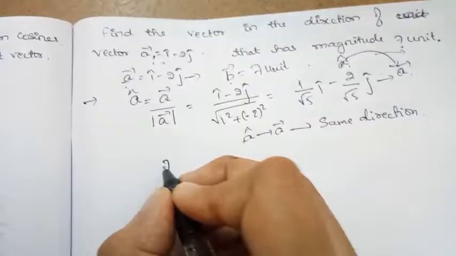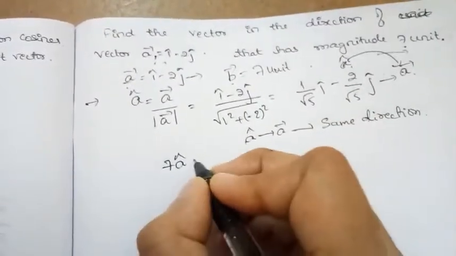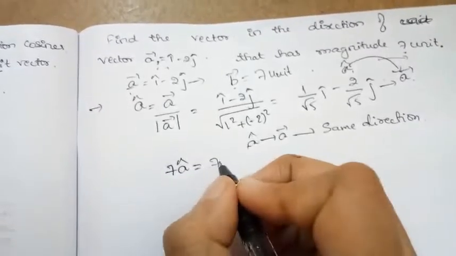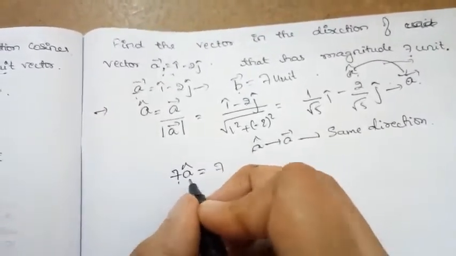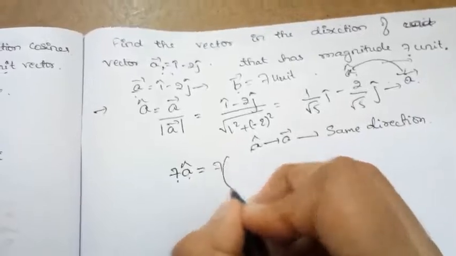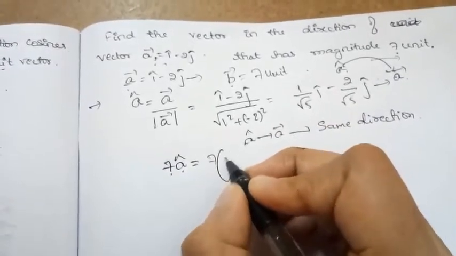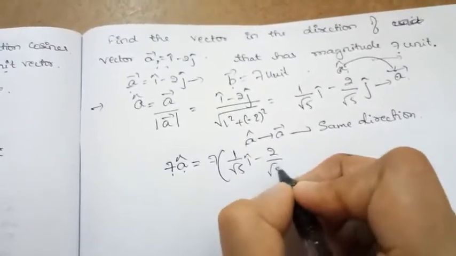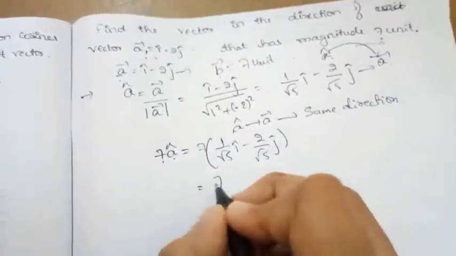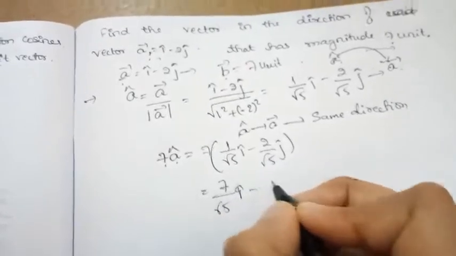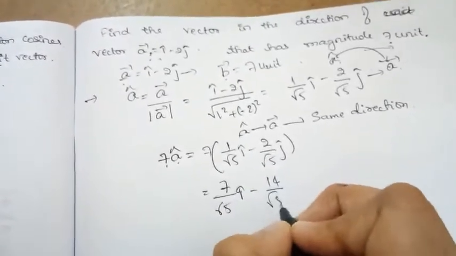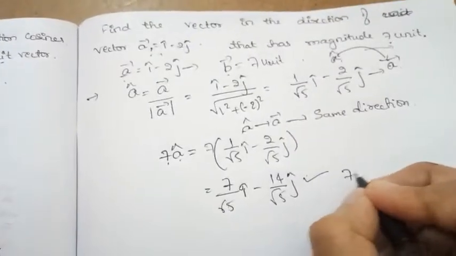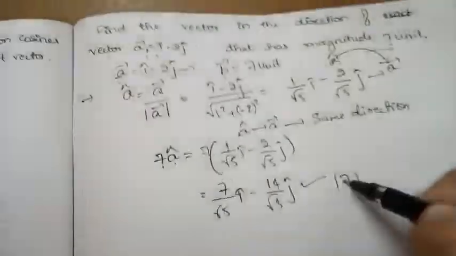So if I multiply 7 to the unit vector, the magnitude becomes 7. So 7 times the unit vector is 7 into 1 by root 5 i cap minus 2 by root 5 j cap, which is 7 by root 5 i cap minus 14 by root 5 j cap. So the magnitude of this vector now is 7.